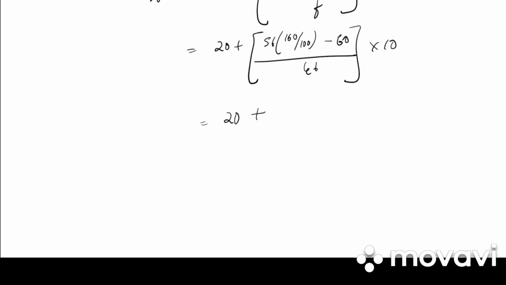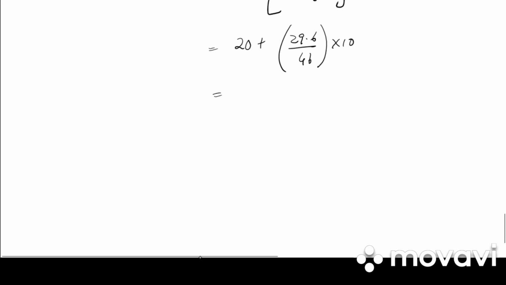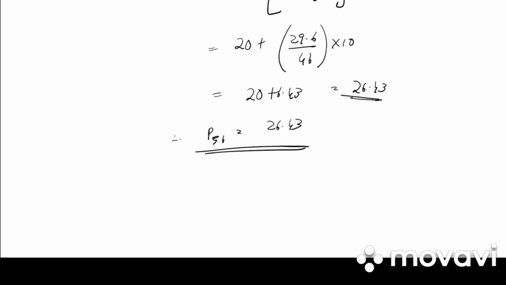So it is 20 plus 89.6 minus 60 divided by 46 into 10. 20 plus 29.6 divided by 46 into 10. 20 plus 6.43, it is 26.43. Therefore, P56 is equal to 26.43.